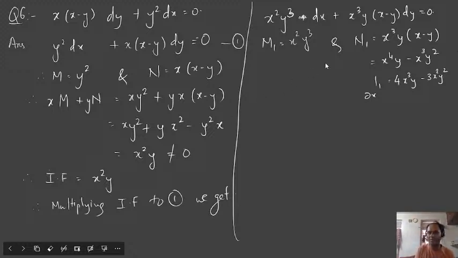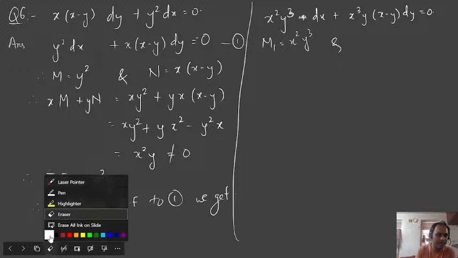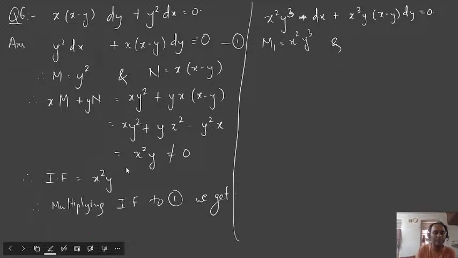So we multiplied this IF here. The moment we multiplied x square y into this term, we got x cube y here, right?